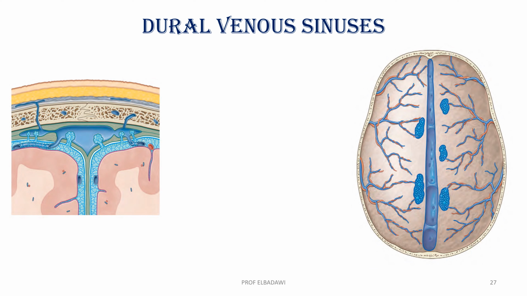Now, we can see here the diploic veins opening into the superior sagittal sinus here. And this is the emissary vein reaching the dura mater here, which divides into two layers, as you can see here. And this is the subarachnoid space over here.